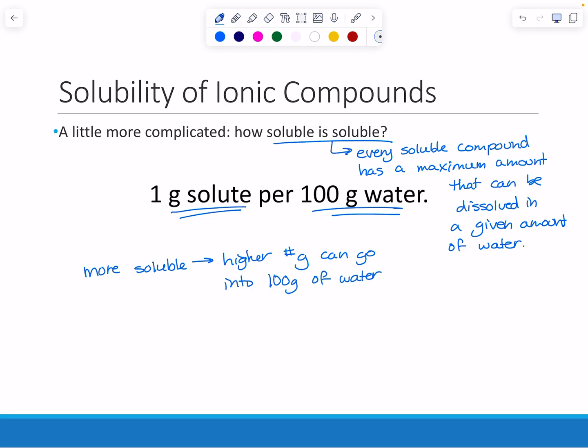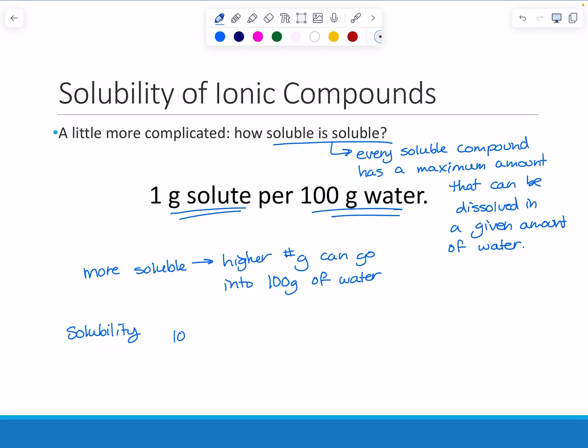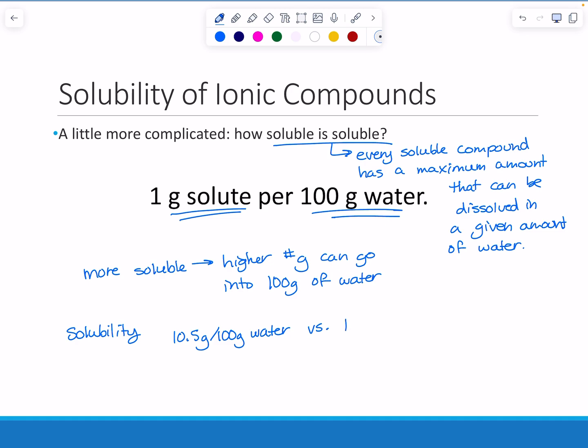So let's say I have two compounds, and one has a solubility of 10.5 grams per 100 grams of water, versus something where I can put 105 grams per 100 grams of water. What we would say is this compound is more soluble.